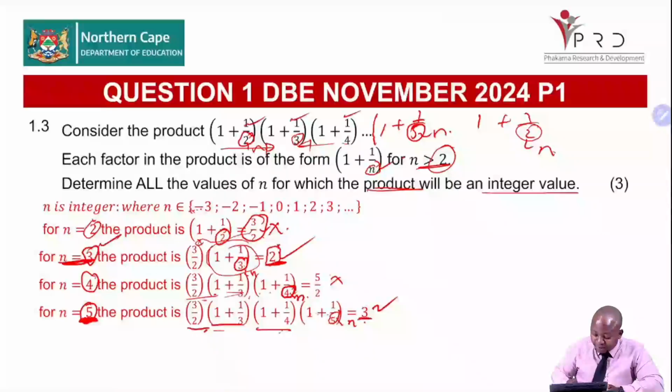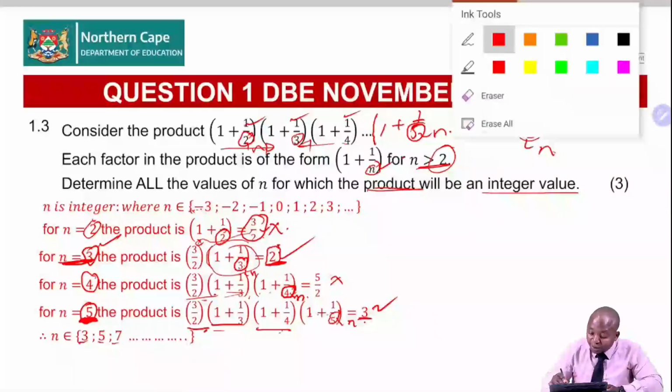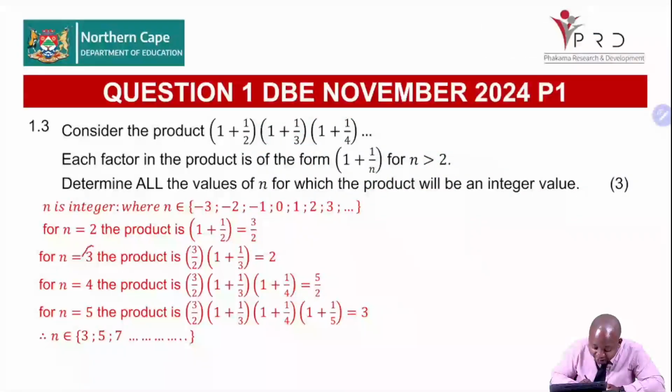When n is 5. So what do I see here? I can see n is an element of 3, 5, 7. So n has to be an odd number, because every time my n is odd, I'm having an integer value.